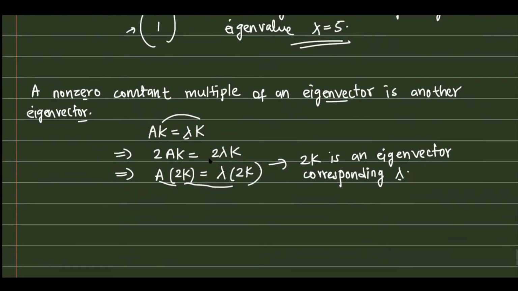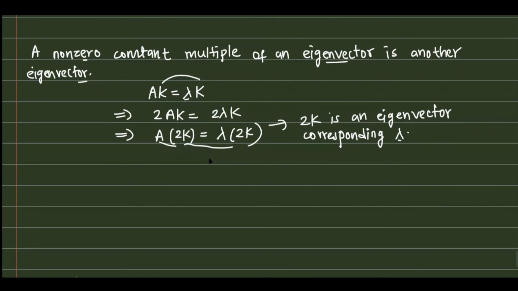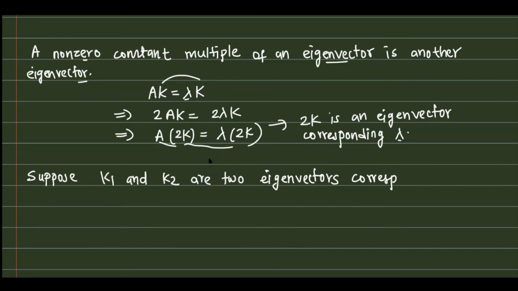Now we can also see that the sum of two eigenvectors, again they correspond to the same eigenvalue. So suppose k1 and k2 are two eigenvectors corresponding to the eigenvalue lambda.